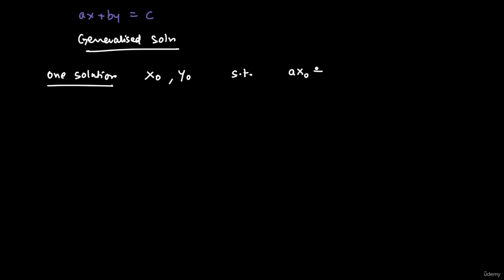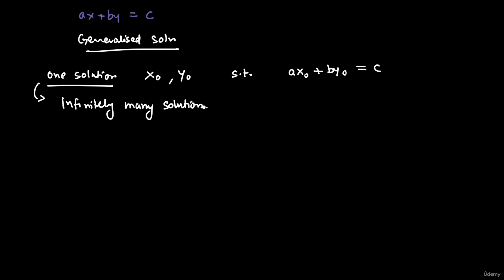So putting ax naught plus by naught satisfies the given equation. And now I want to show you that if there is one solution, then there are infinitely many solutions possible for the above equation, okay?